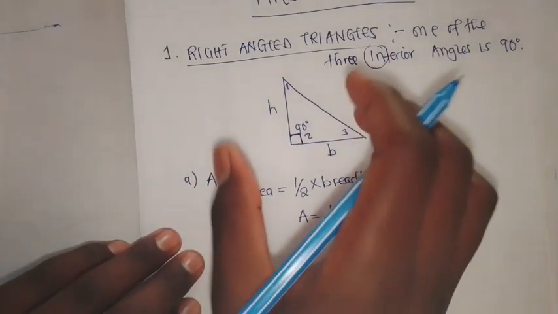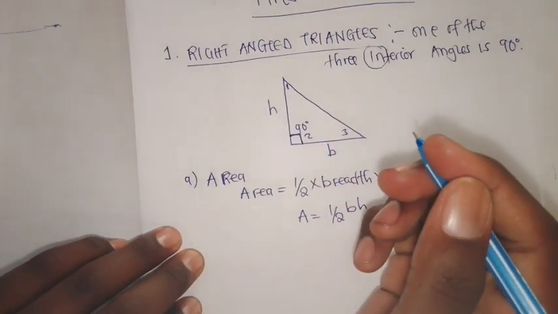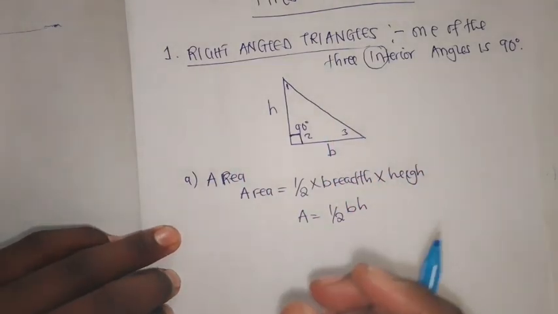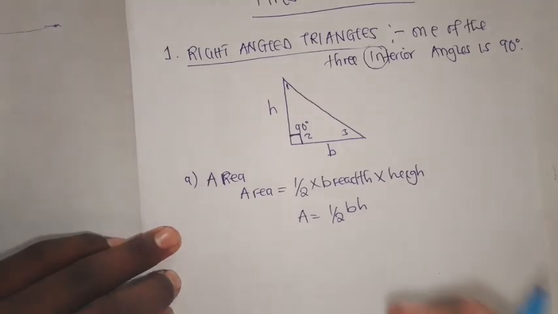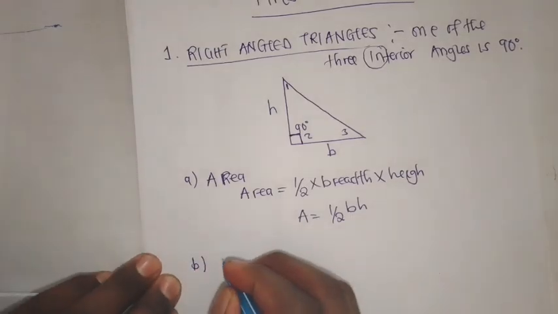Under this same right-angled triangle, there is what we call the Pythagoras theorem.